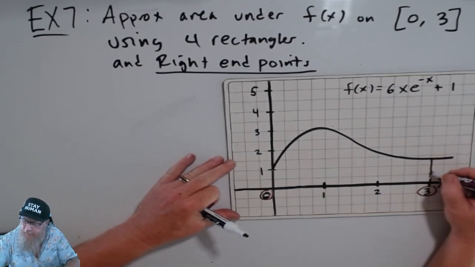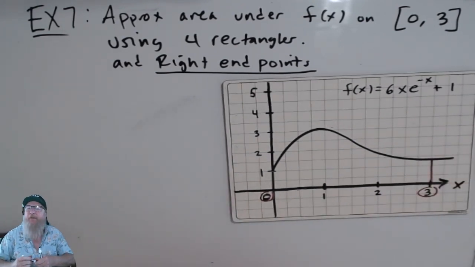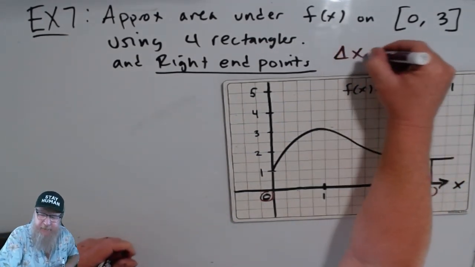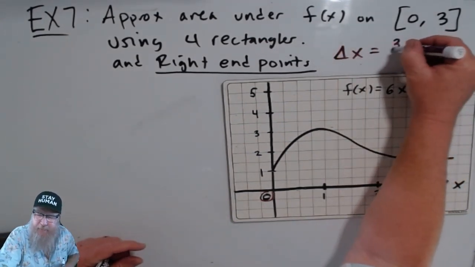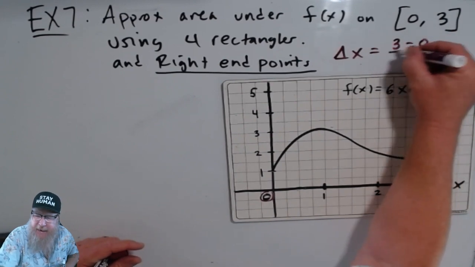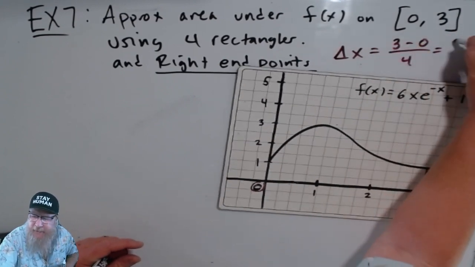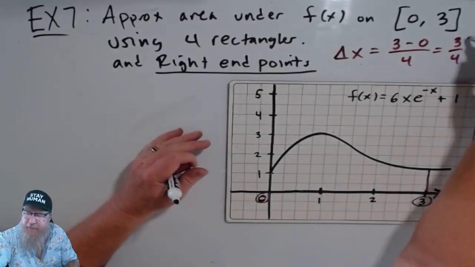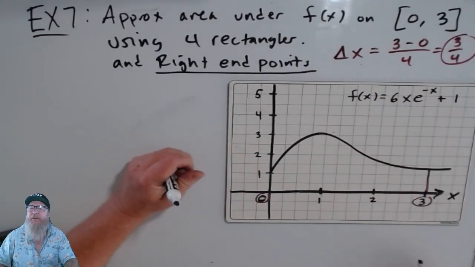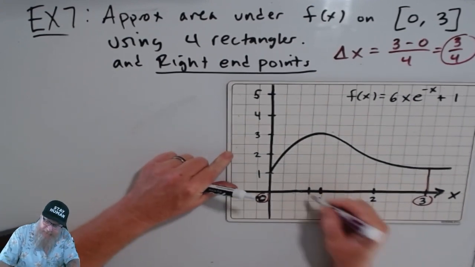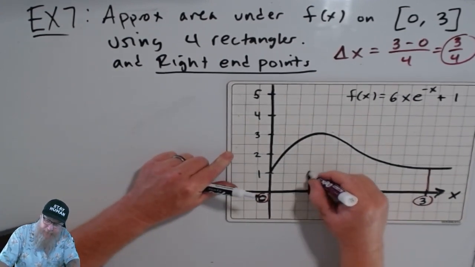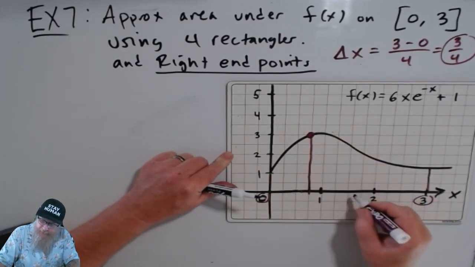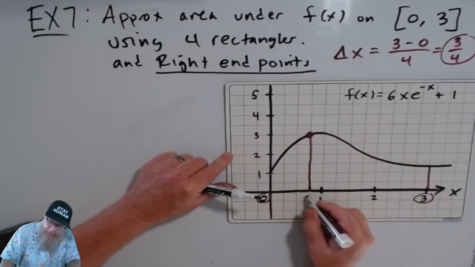So the first thing we should do is figure out what delta x is. That's going to be b minus a over n. So each rectangle has a width of 3/4. And we're using right-hand endpoints. So there's 3/4.